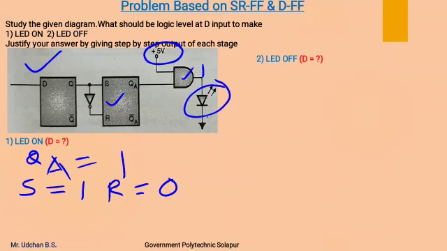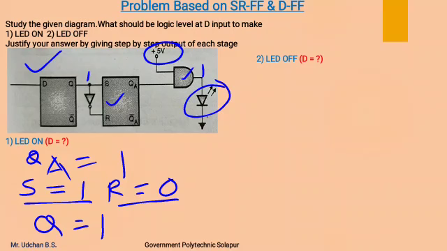Hence the output of the D flip-flop should be high, that is this Q should be 1. If Q becomes 1, it will automatically make S as 1 and R as 0.